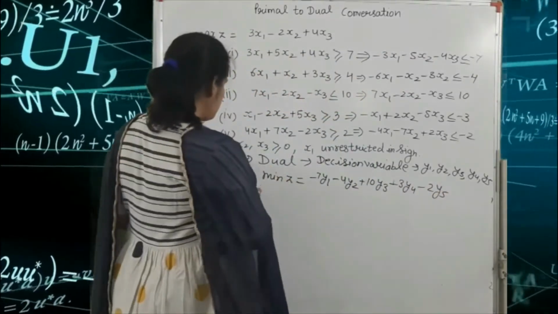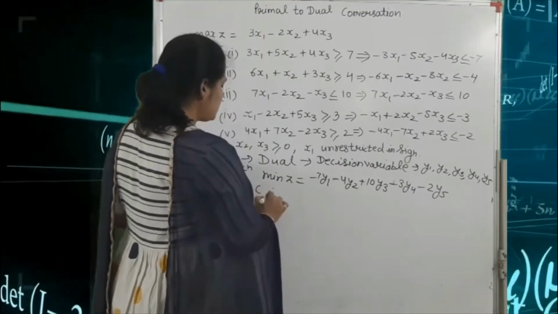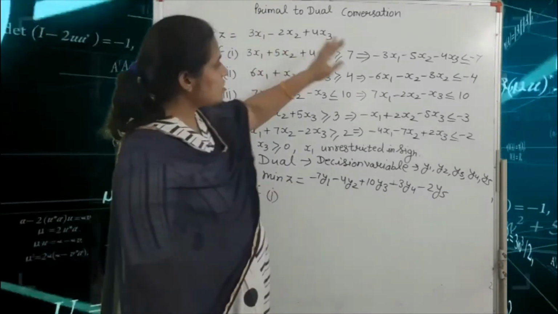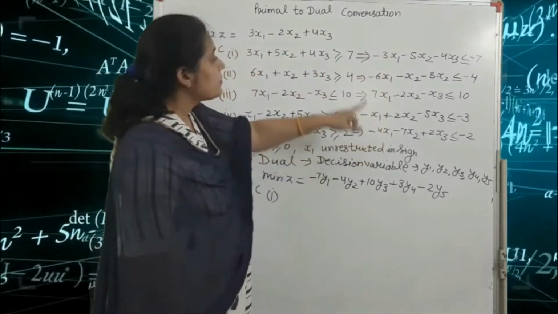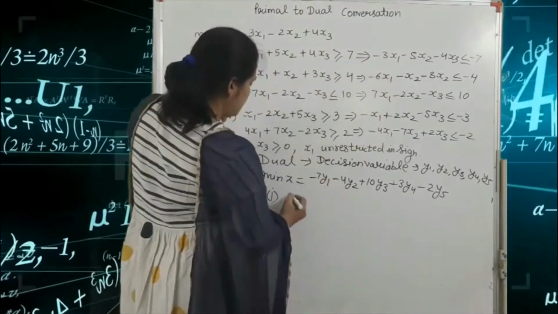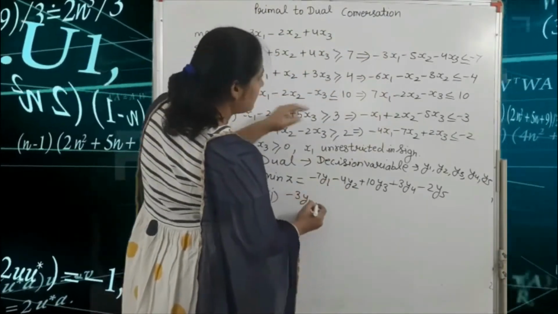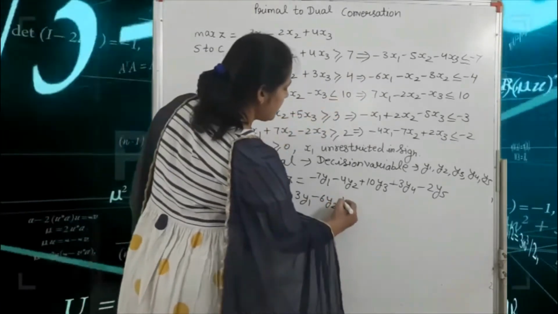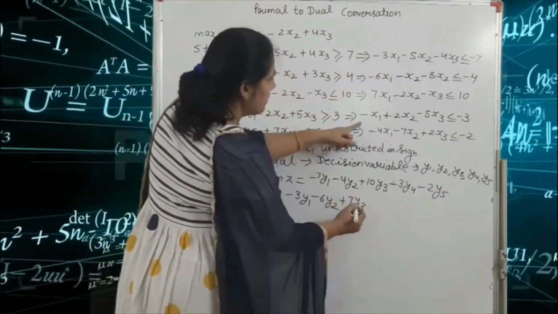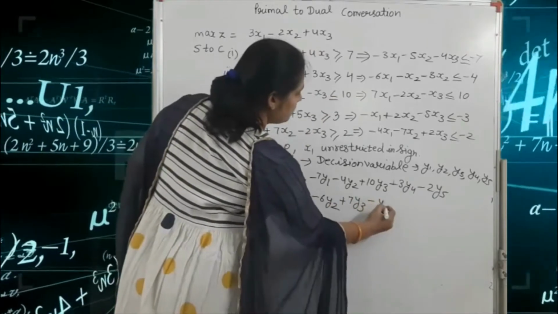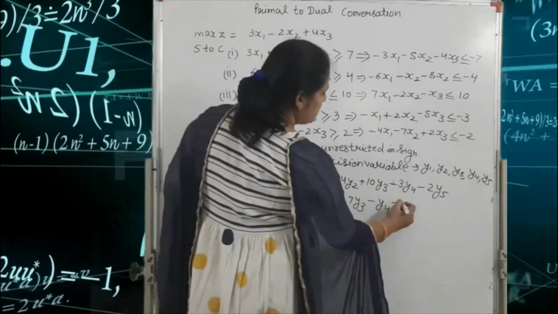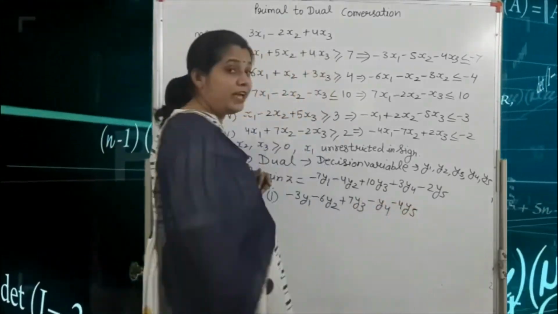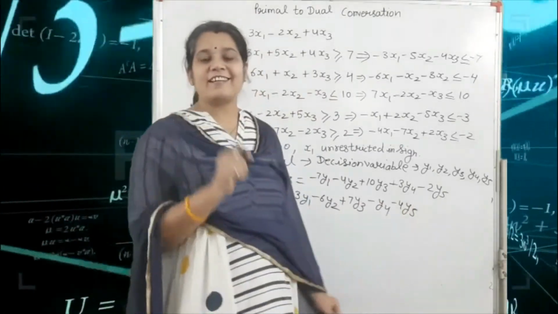Your subject to constraint equation. So first equation is what? First equation we write in this form. Your first equation is minus 3y1 minus 6y2 plus 7y3 minus y4 and minus 4y5. Okay, so here we write the inequality.